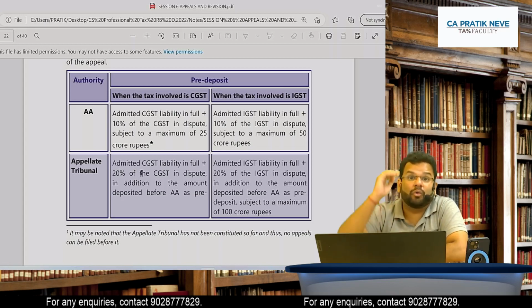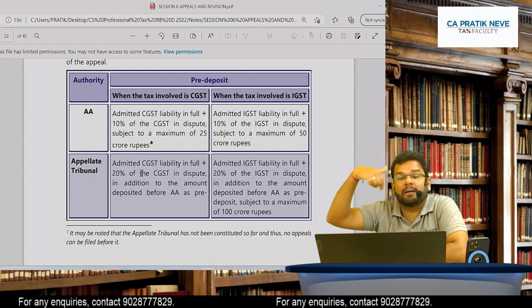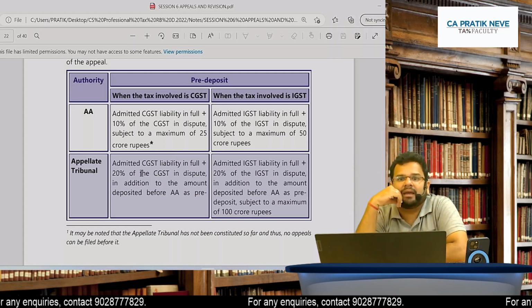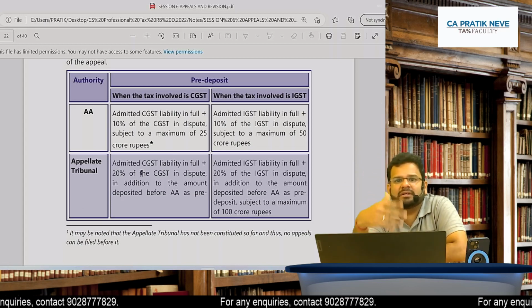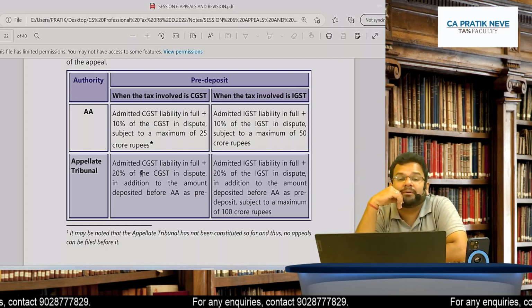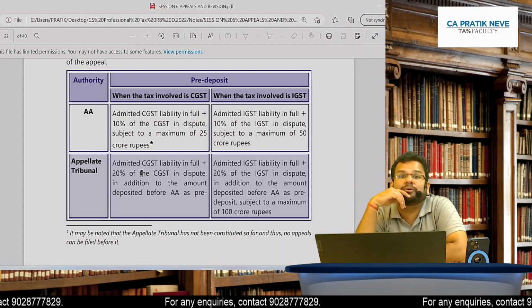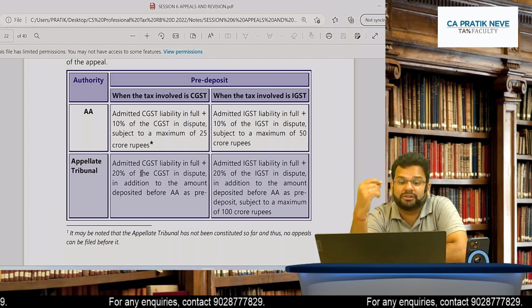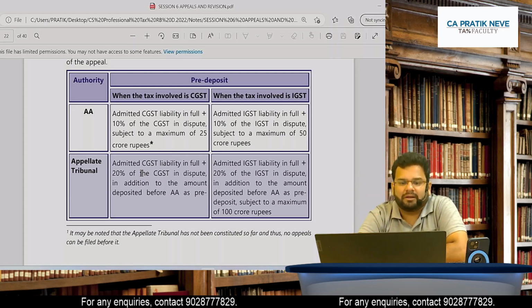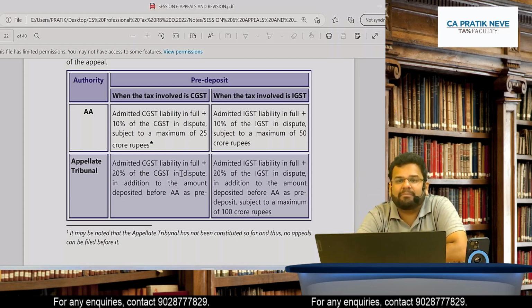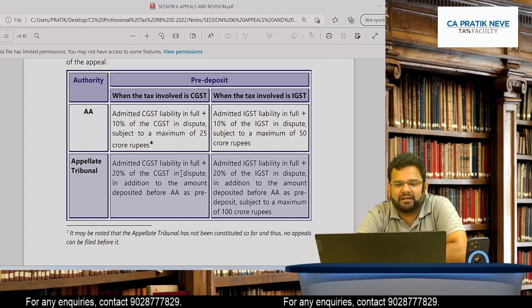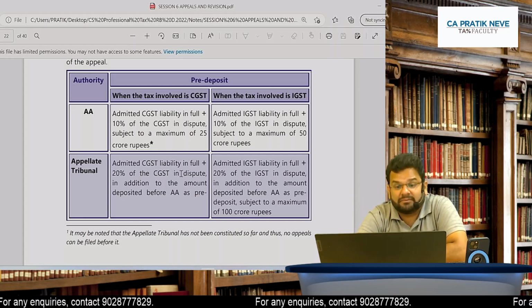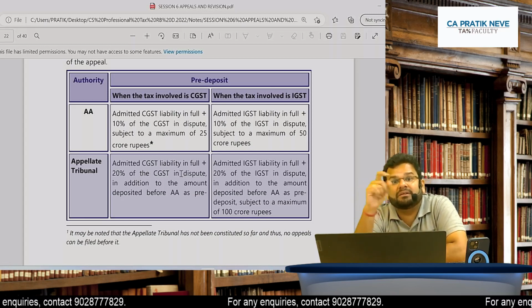When you are going from AA to appellate tribunal, AA, that is appellate authority, has given some decision, you are not happy with that, you are going to appellate tribunal. How much will be pre-deposit payable? It will be whatever liability of GST you have agreed, that entire liability plus now 10% increases to 20%.